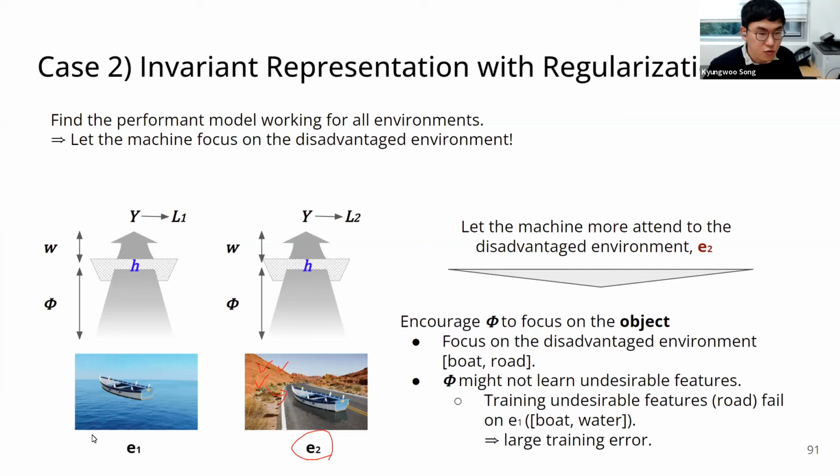However, the machine will have high training loss in environment 1 because there is no relationship between the road and the boat. It is noted that the number of data in environment 1 is larger than that of environment 2, and the average training loss will be high. Therefore, the machine tries to focus on the boat object itself when we make the machine attend to the disadvantaged environment first.